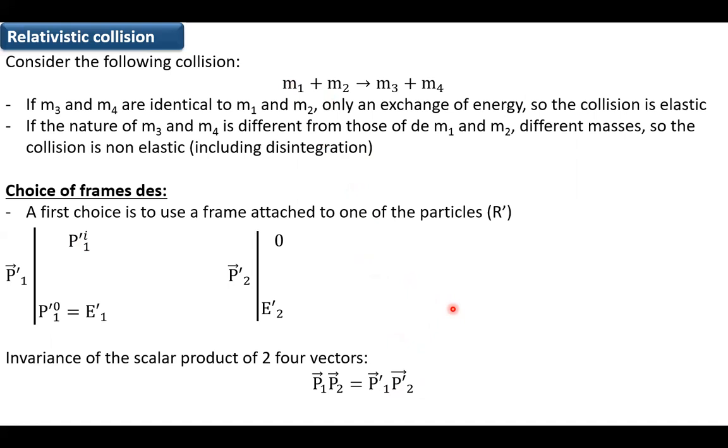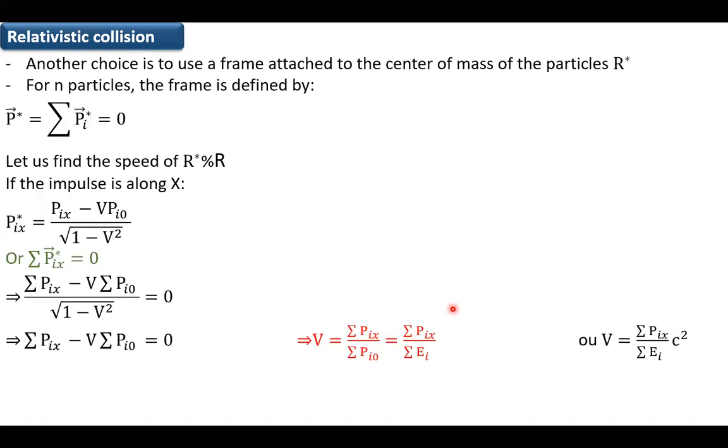This is not the only choice of a frame. We have another choice that is mostly used in the study of collisions. It's the frame that is attached to the center of mass of the particles. So you have your system of 2, 3, 4, any number n of particles.